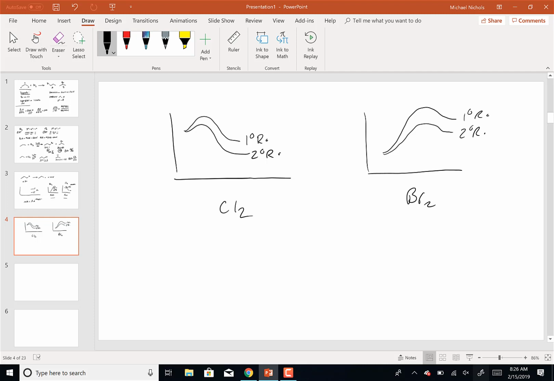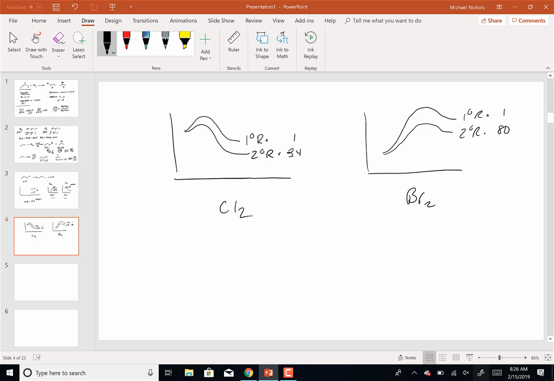But remember, this is basically like 3.4 times faster, and this one is 80 times faster. So it's the idea of the exothermic versus the endothermic that is going to give us the difference in the relative rates.